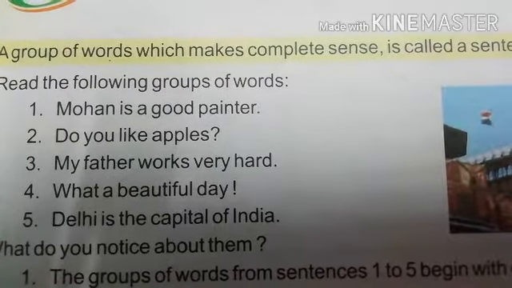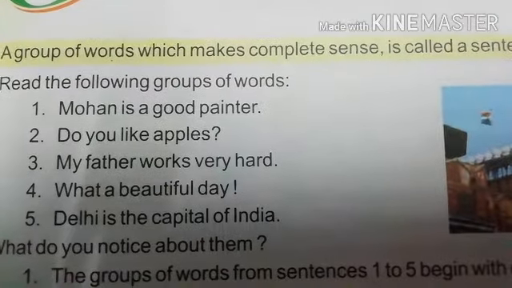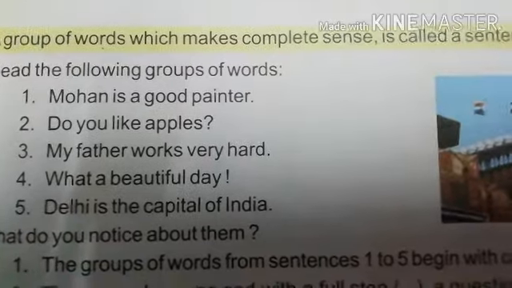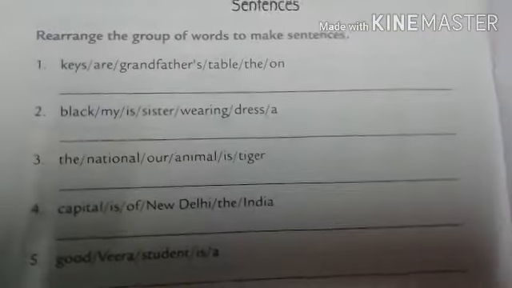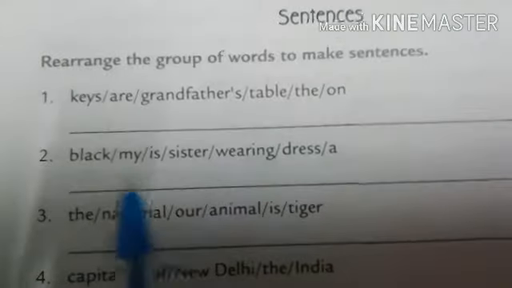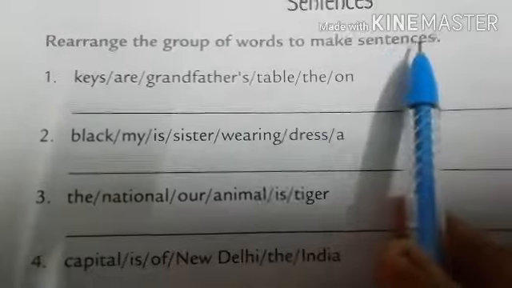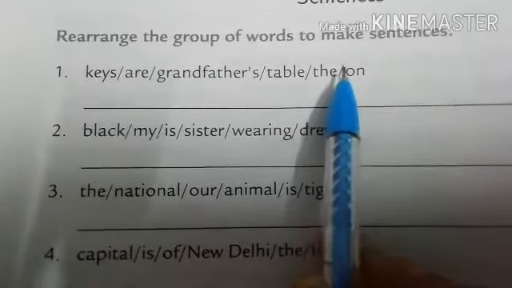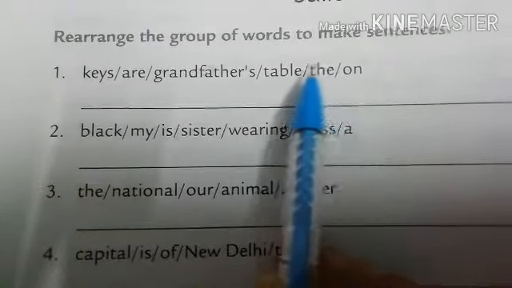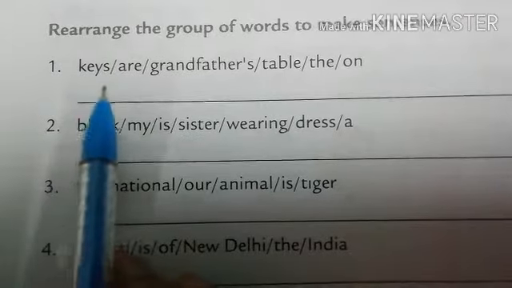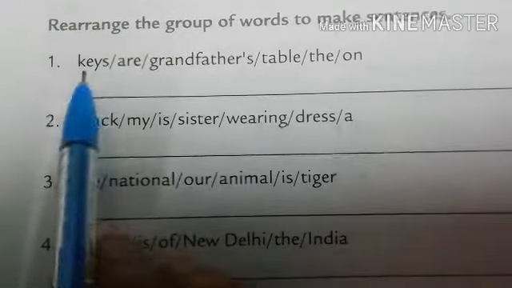Now I am giving you some exercises to do in your notebook. Now children, your work is to rearrange the group of words to make sentences. So I have already explained that a sentence means a group of words which gives complete sense.